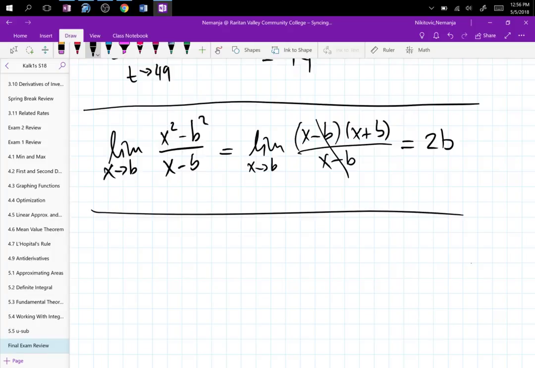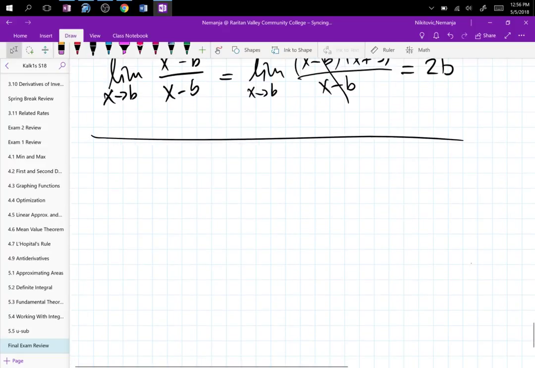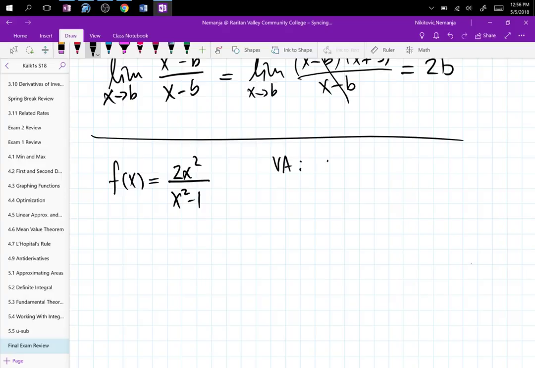Anything else? Go over the asymptote one. It's f of x equals 2x squared divided by x squared minus 1. So for this we have the asymptotes and the first derivative test. We have 2 vertical asymptotes at +1 and -1.